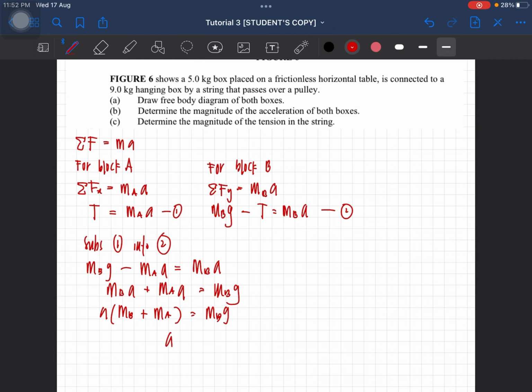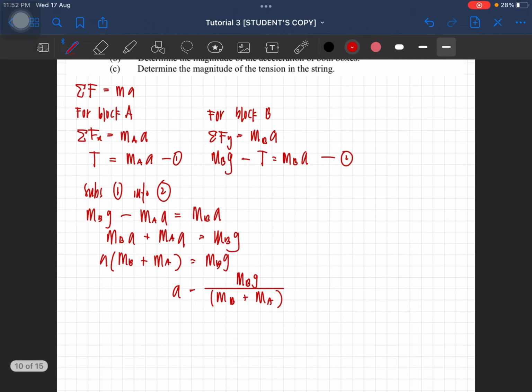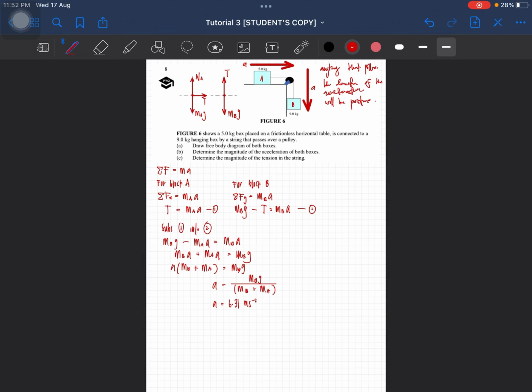This is maths, please don't ask me about maths as your lecturer. So acceleration is equal to mBg divided by (mB plus mA). The acceleration that you should get is equal to 6.31 meters per second squared. Okay, so that is the solution, everybody.